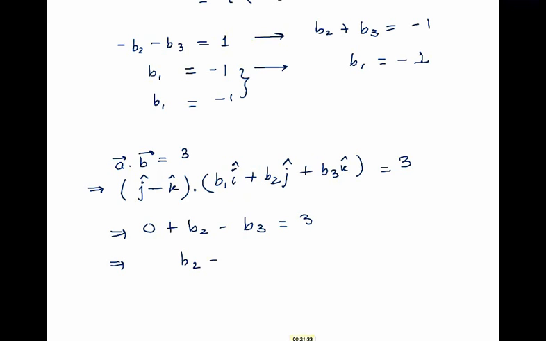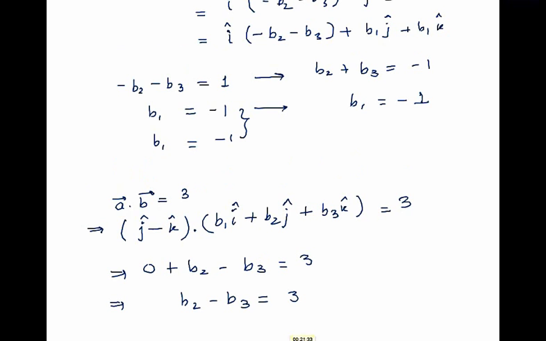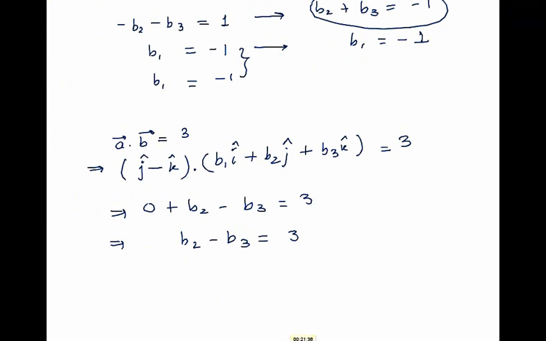So this equation gives us B2 minus B3 equal to 3, and from the previous one we can say that B2 plus B3 equal to minus 1.